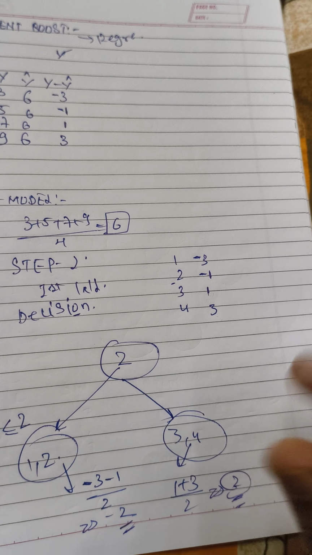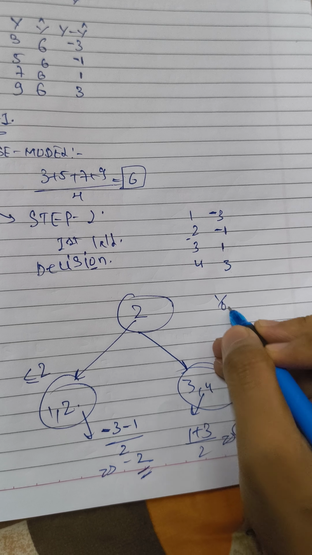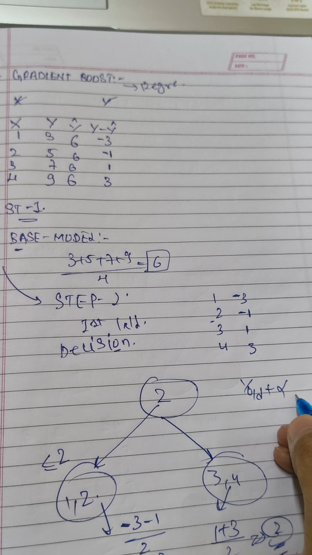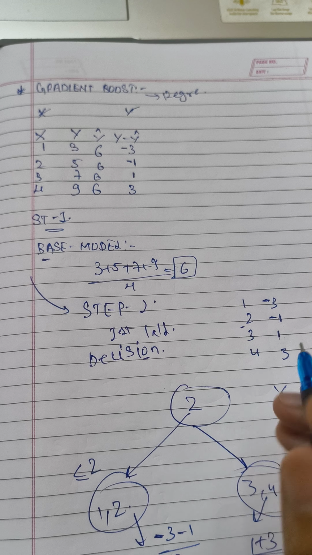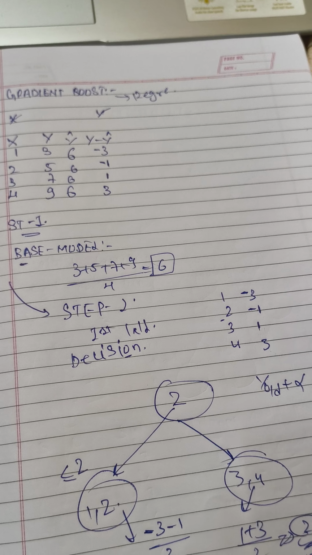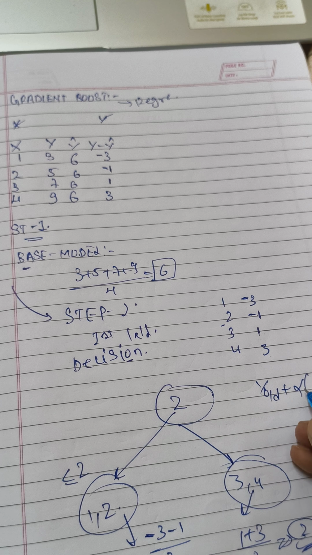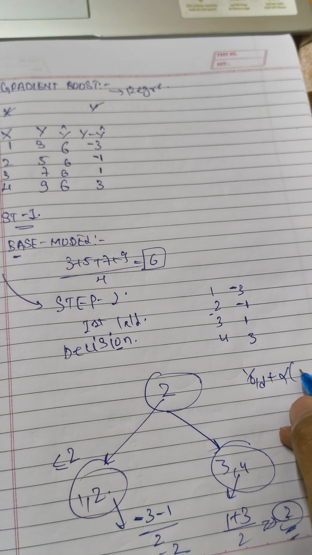Now the new prediction values for 1, 2, 3, 4 become the old value predicted by our model plus alpha, that is the learning rate for our first decision tree, whose value is small, from 0 to 1, into the prediction which my model has done for that particular x data point.